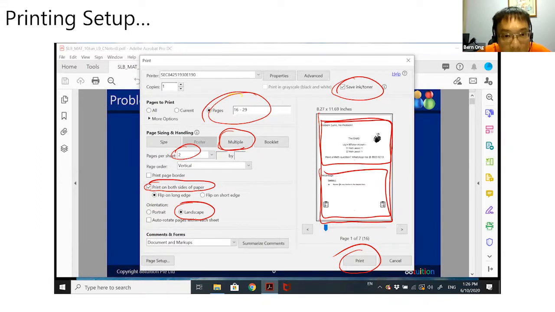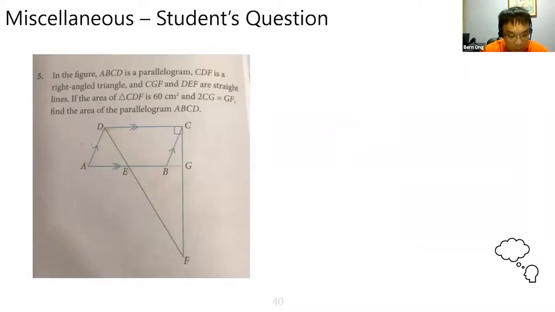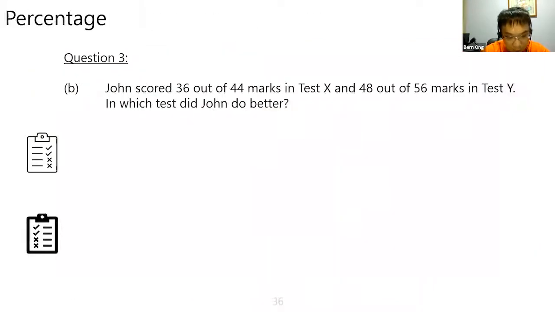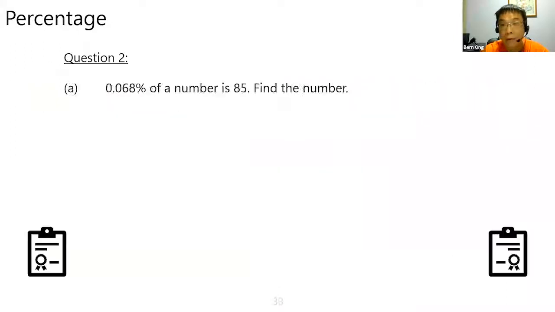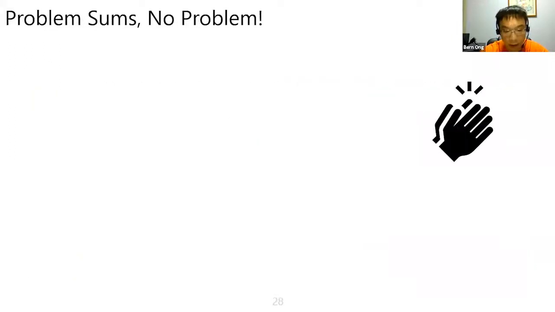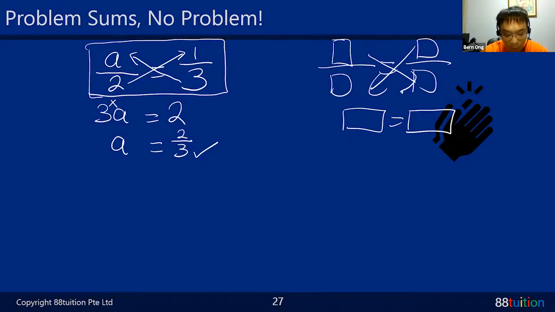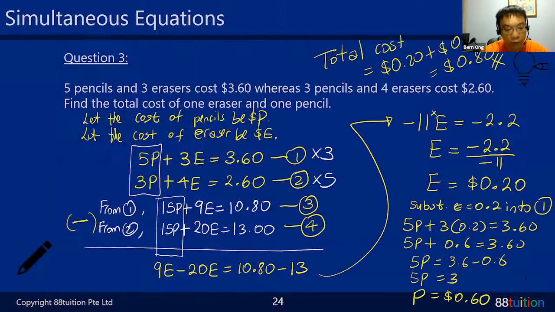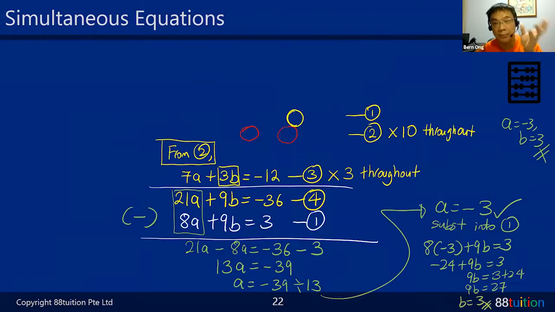Azhar asked me for question 3B, why do I multiply by 107%? For question 3B, the reason why I times 107% is because they want the entire price inclusive of the GST, because the GST must be added one time at the end of the day.